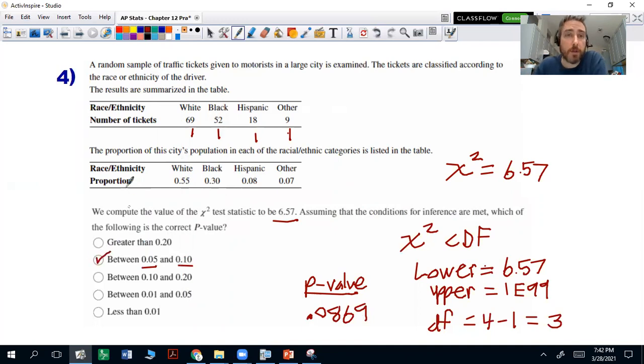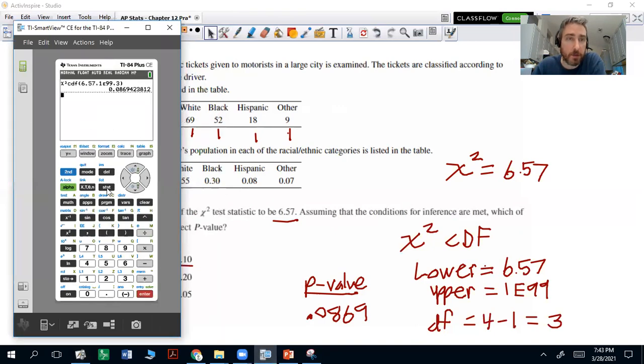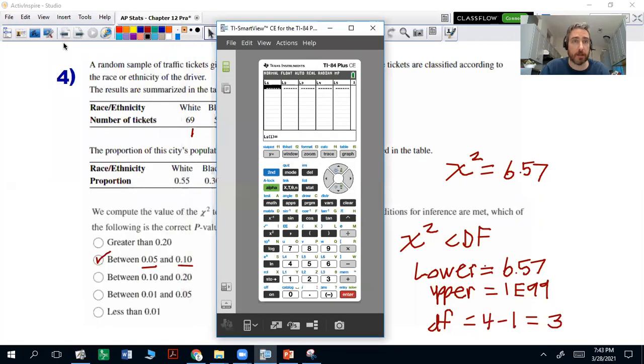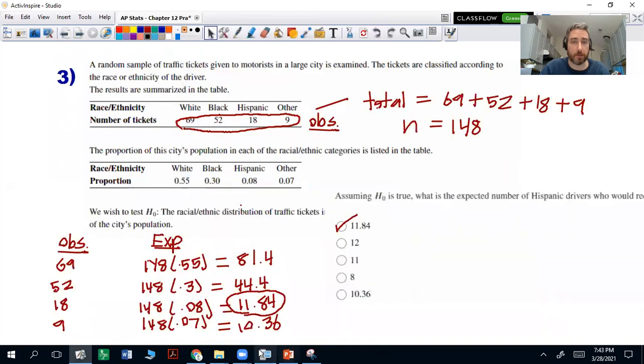Now, we will sometimes have to get a chi-squared test statistic without it being given to us. What I do is I go to Stat, Edit, and in L1, put your observed. We have our observed and expected, so I'm going to go back to this one right here.